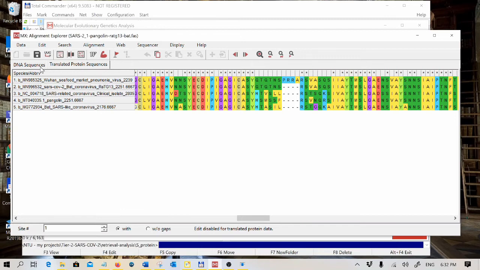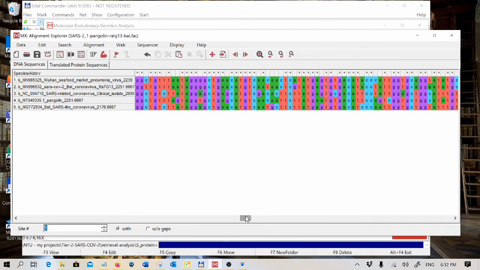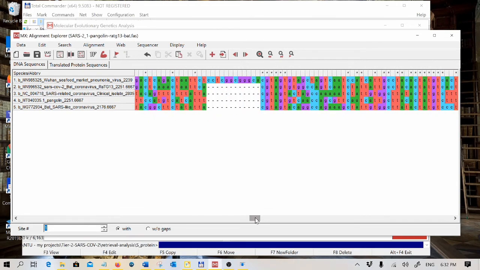So if we flip to the DNA sequences and find this insert, a 12 nucleotide insert in here, resulting in the 4 amino acids insert, we can see quite a bit of variation in nucleotide positions.